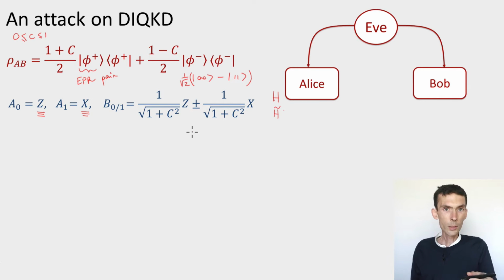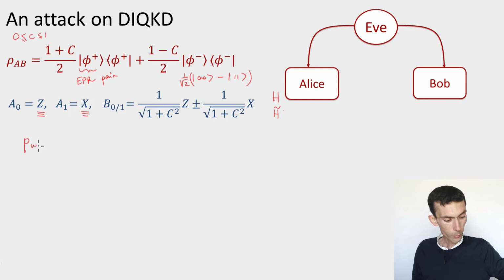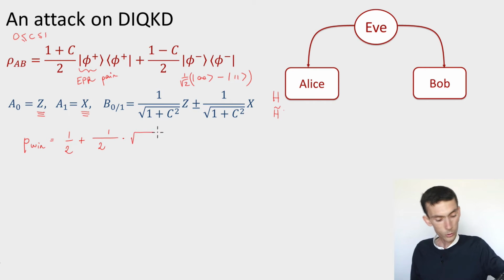Now that you have the state and the measurements, you can compute the success probability of this device in the CHSH game, and you can verify using a simple calculation that this success probability will evaluate to a half plus, and instead of the optimum 1 by 2 root 2, what you get is 1 by 2 times root 1 plus C squared. So if C is equal to 1, you get a half plus root 2 over 2, which is 1 by 4 root 2, you get the optimum.